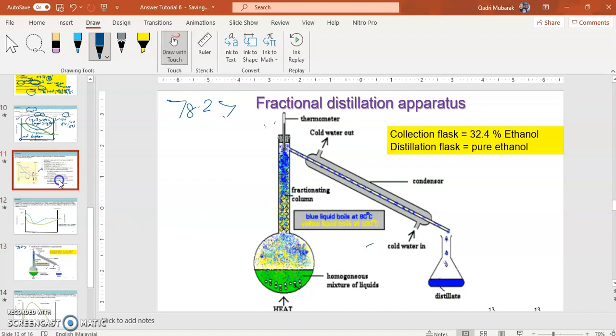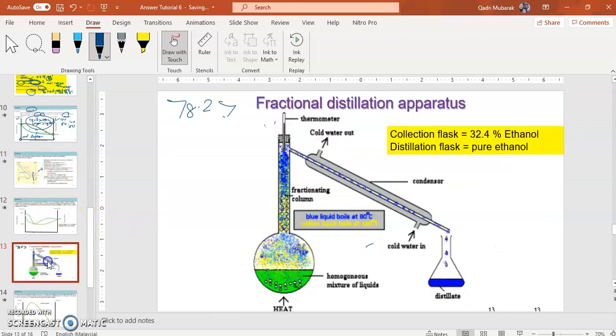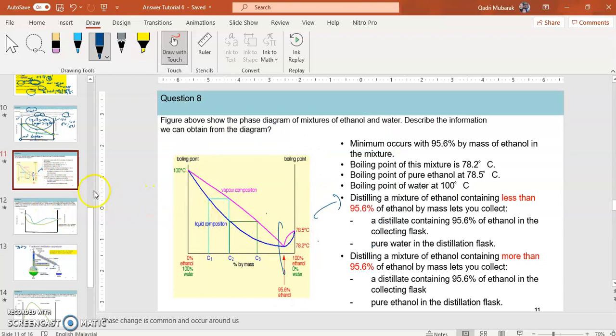So here what we get: distilling a mixture of ethanol containing more than 95.6% of ethanol by mass lets you collect a distillate containing 95.6% of ethanol in the collecting flask, and pure ethanol in the distillation flask. That is what will happen. So here is how we read this graph.